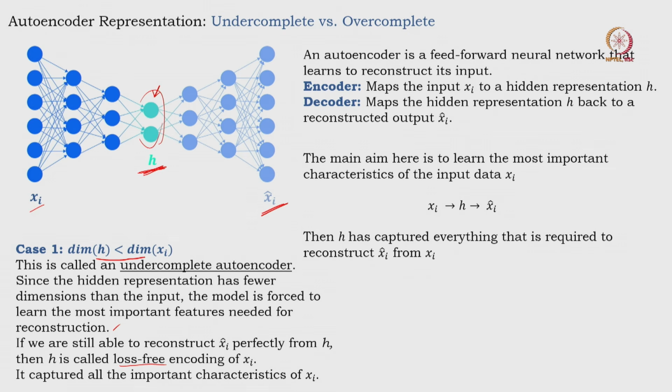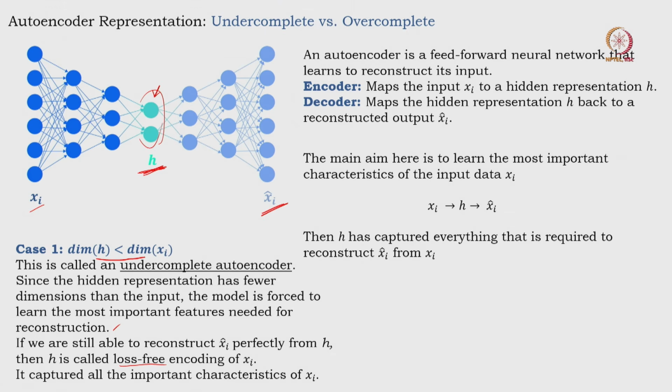Here the first objective is that from the input you should get that H. From H you are reconstructing back, which is the second objective. Ultimately the focus is on this latent representation. The latent representation dimension is smaller than the original input, which means the latent representation aims to capture the most important representation.